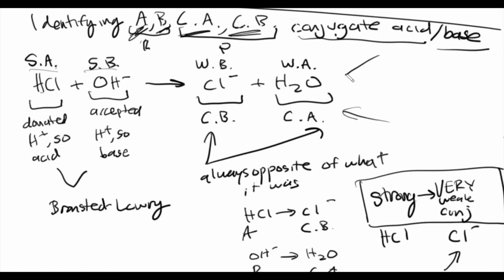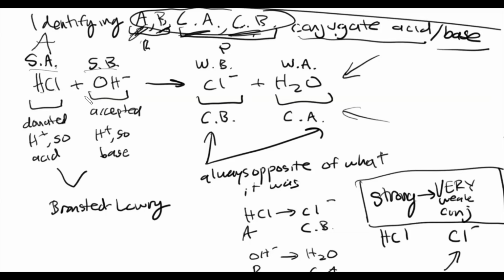So in this reaction, I want to identify the 4 components. Since this is a neutralization reaction, it will have all 4 of these components that I just pointed out. So we know that HCl is going to be our strong acid, or we could just say acid for simplicity. Let's not introduce the strong and the weak because that's irrelevant.